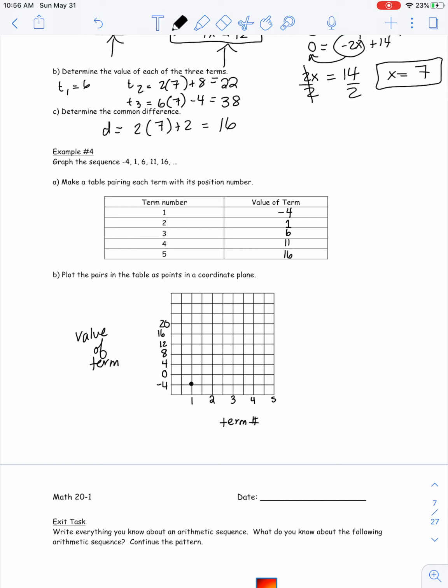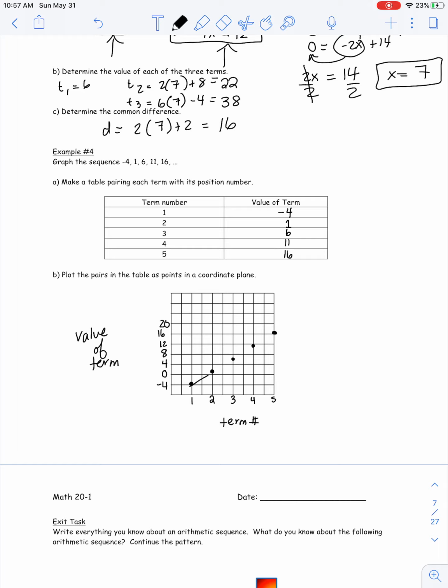So we know that term 1, we're going to be at negative 4. Term 2, we're going to be at 1. Term 3, we're at 6. Term 4, we're at 11. And term 5, we're at 16.